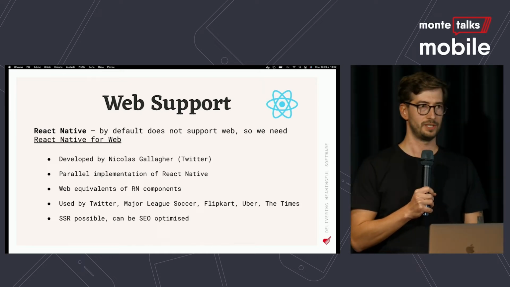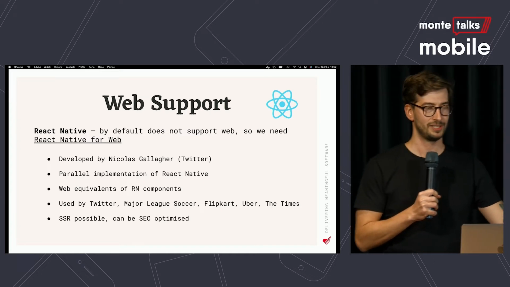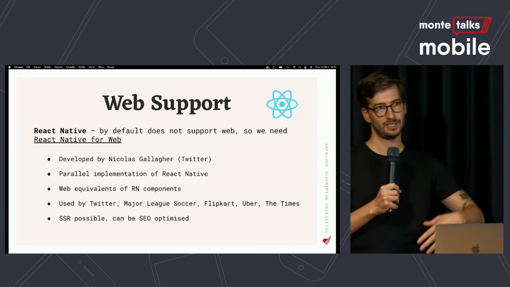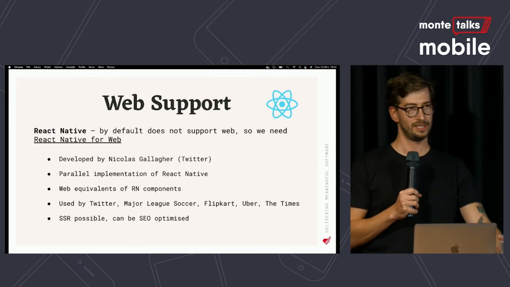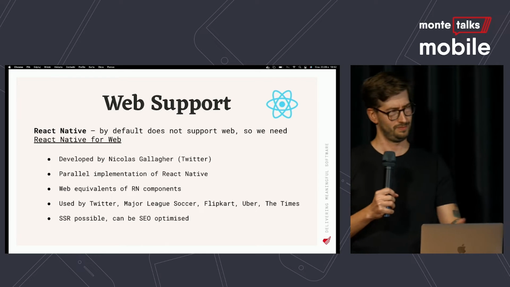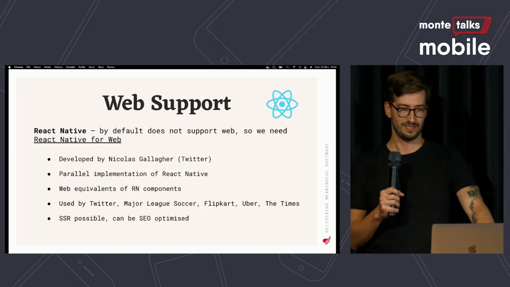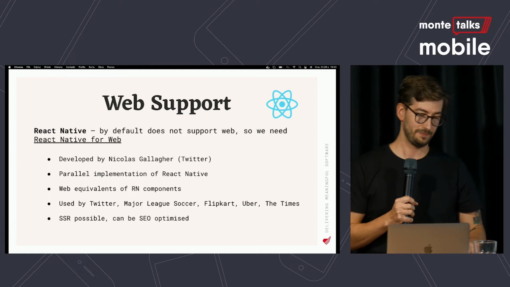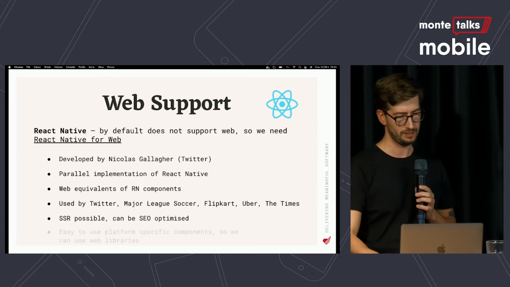For example, e-commerce, when we want to have high results in Google when we type in the product and so on. So it is really important to be able to optimize for SEO, whatever terms. And yeah, React Native allows us to do that.